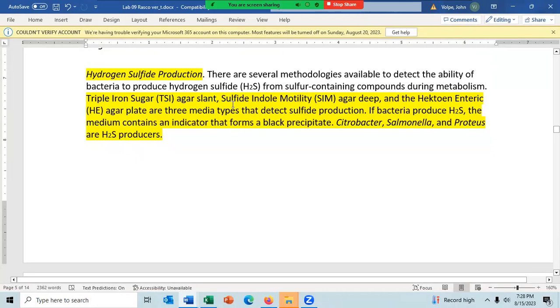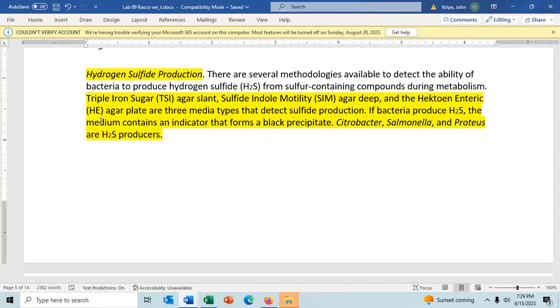You can test for hydrogen sulfide in the sulfide indole motility test, also called the SIM test. You can test for hydrogen sulfide production in the Hektoen enteric agar plates, also called the HE agar plate. All of them are testing for the production of hydrogen sulfide, and then they form a black precipitate if hydrogen sulfide is made. Any question about any of that?